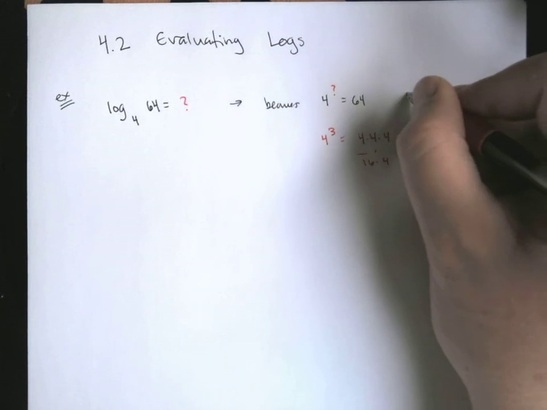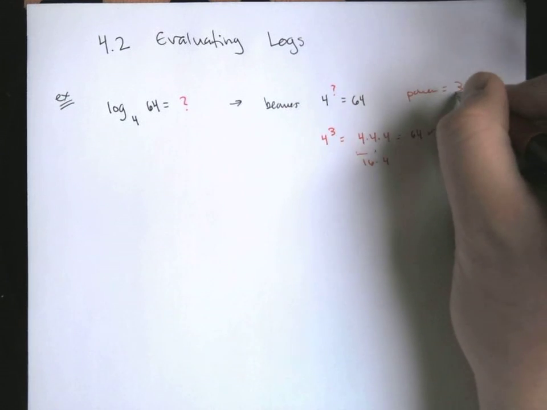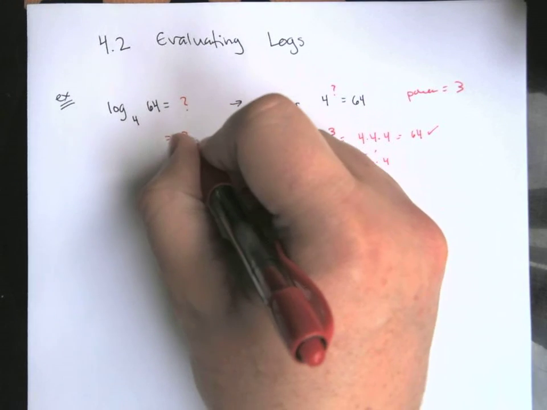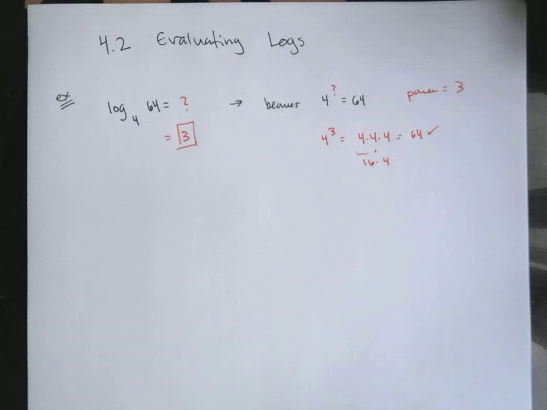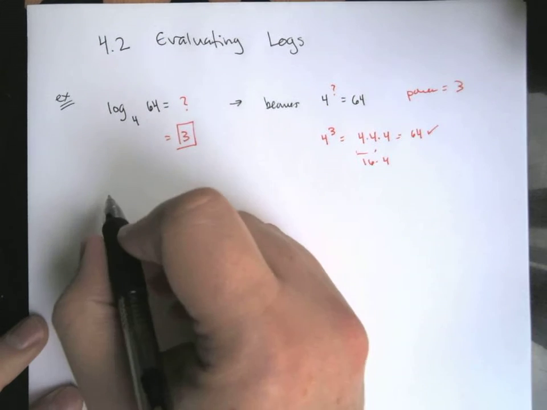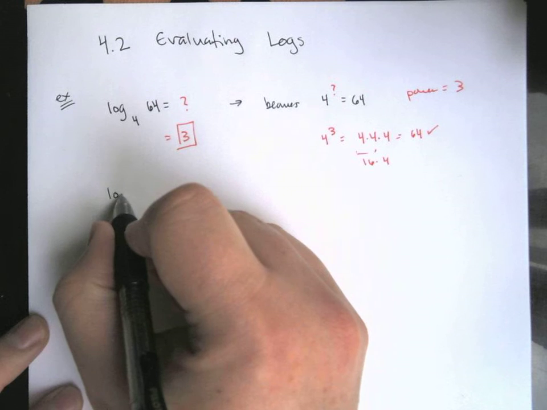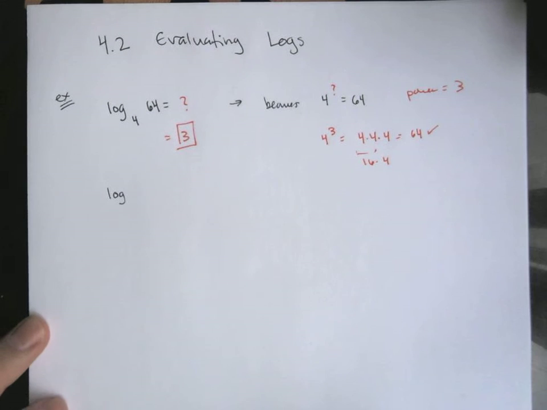So it must be that the power equals 3, and that's our result. This logarithm is 3. The logarithm tells us what the exponent is that gets us from the base value to the interior number. So log base 4 of 64 is the exponent that gets us from 4 to 64.